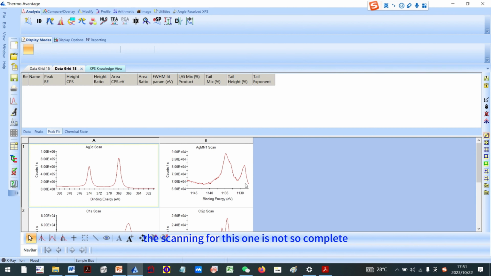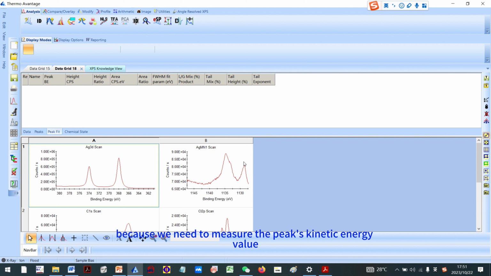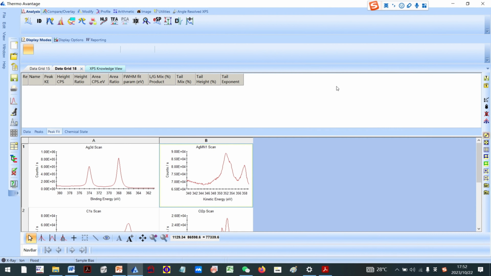The scanning for this one is not so complete because we need to measure the peak's kinetic energy value. In this way, by combining the Auger and the 3d peaks, we can judge the chemical state.